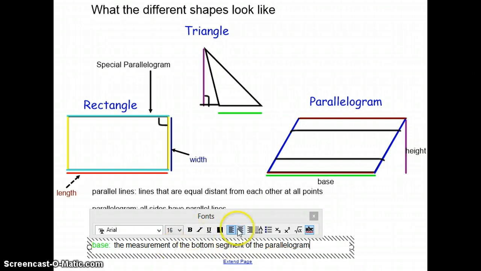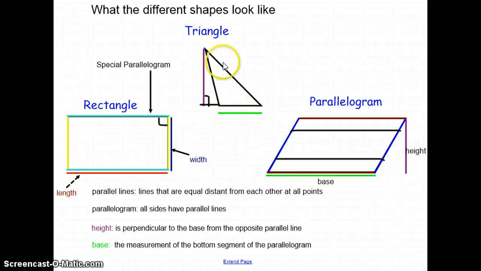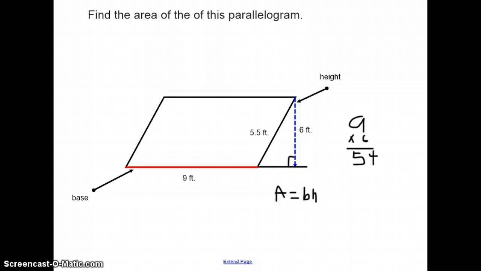Also note that the height is perpendicular to the base. That's very important to understand. The base and the height are perpendicular to each other. Those are the elements of a parallelogram.